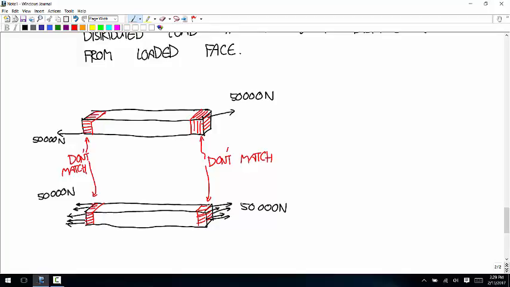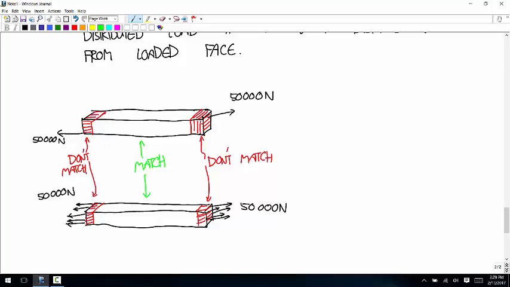Okay. So if you're trying to analyze this by assuming that this is a uniform distributed load over that face, you're going to get useless results close to the loaded face. But for the rest of it, all the rest of this, those results are going to match.